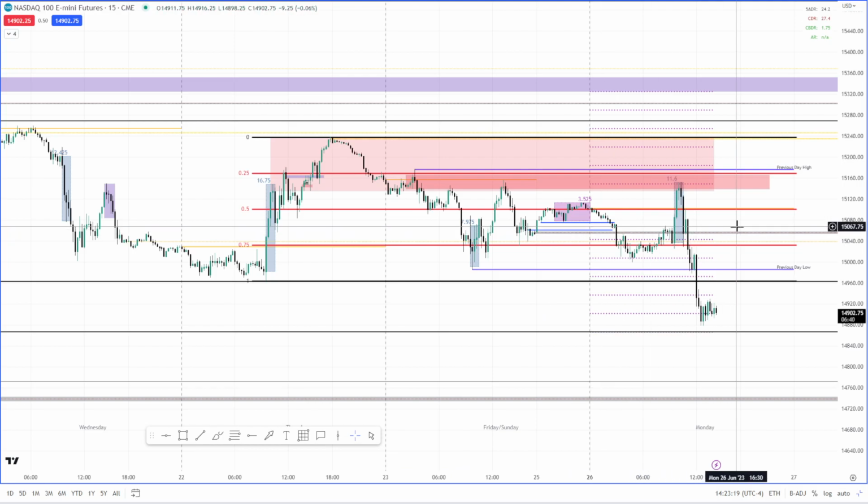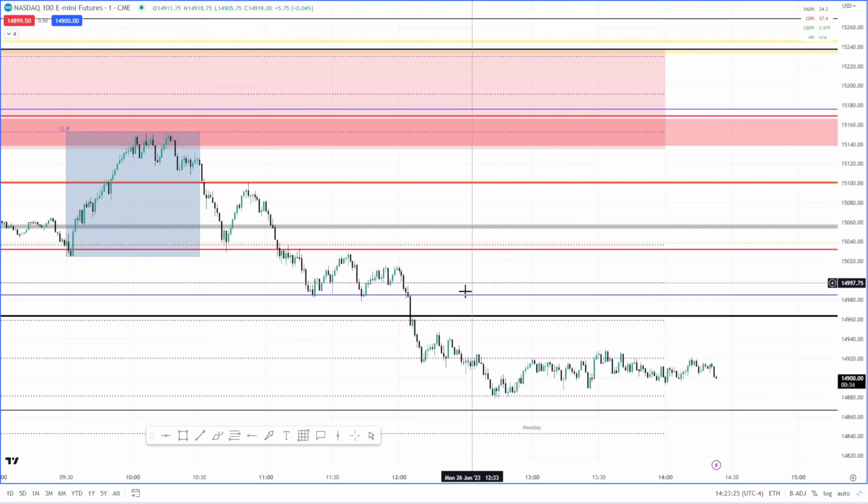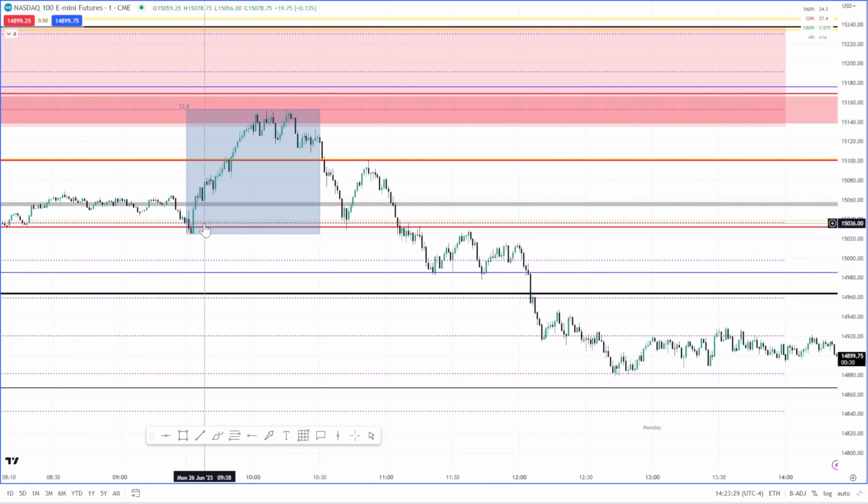So you'll at least get some kind of movement, even if you're on a smaller time frame. Like let's say this order block right here, price had come back down into it, and you went long right here. Well, where could you target?